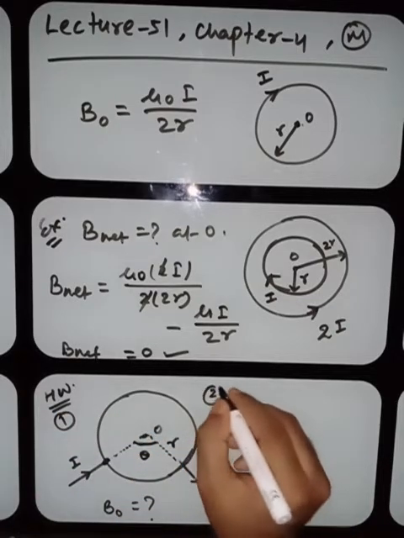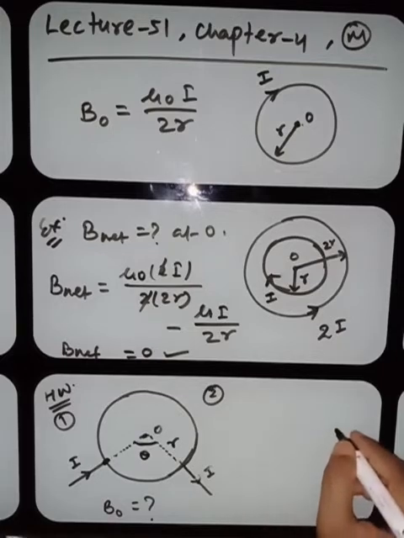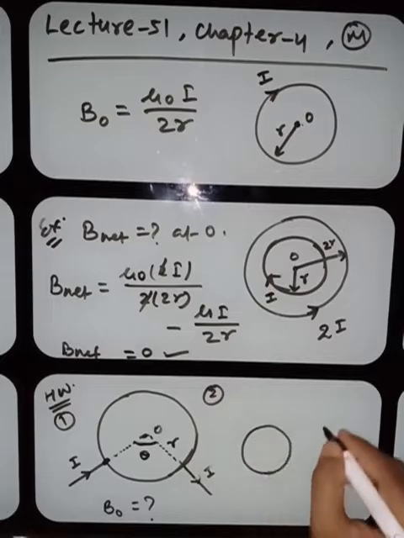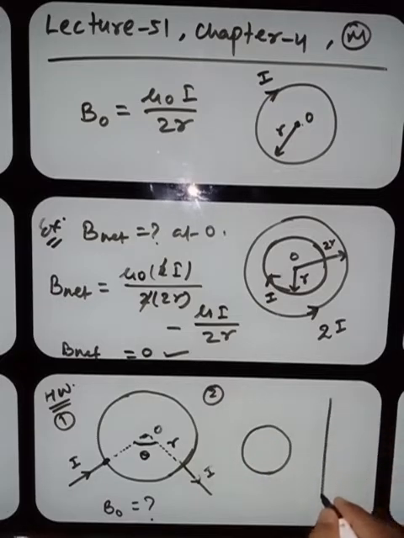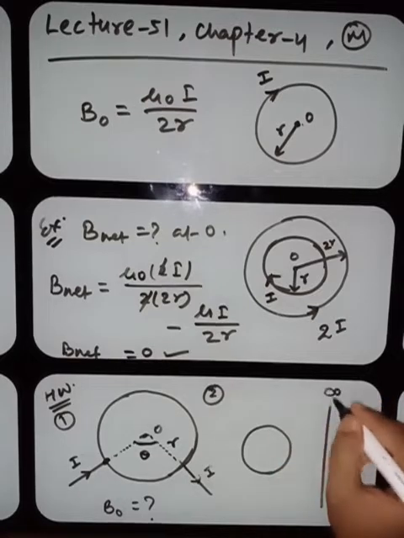Now let me give you another homework. Suppose you have a circular conductor. This question has also been asked in a board exam, and there is a very long straight conductor going to infinity.